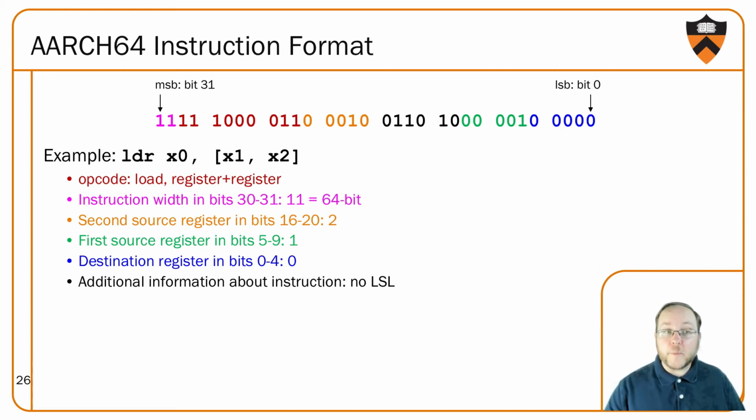We have the opcode for load using the register offset addressing mode. And then we have the first source register in green is an actual source register, so here X1. And the second source register in orange is the offset register, here X2. And then the destination register, as is typically the case, is the least significant 5 bits, marked in blue, here indicating X0.